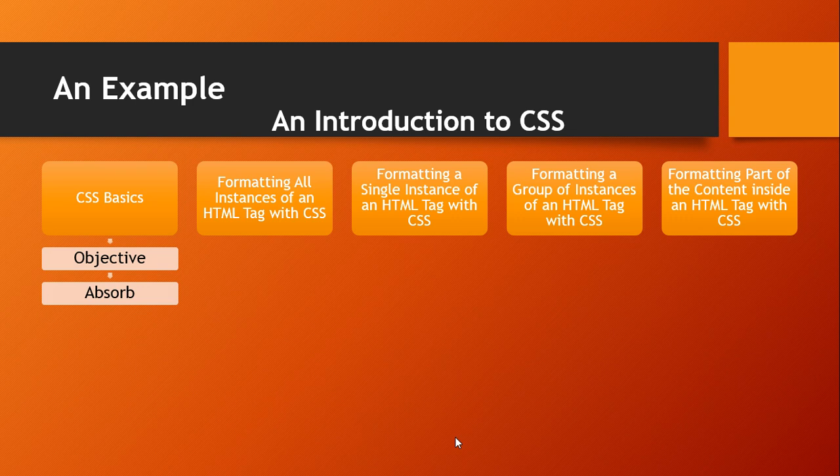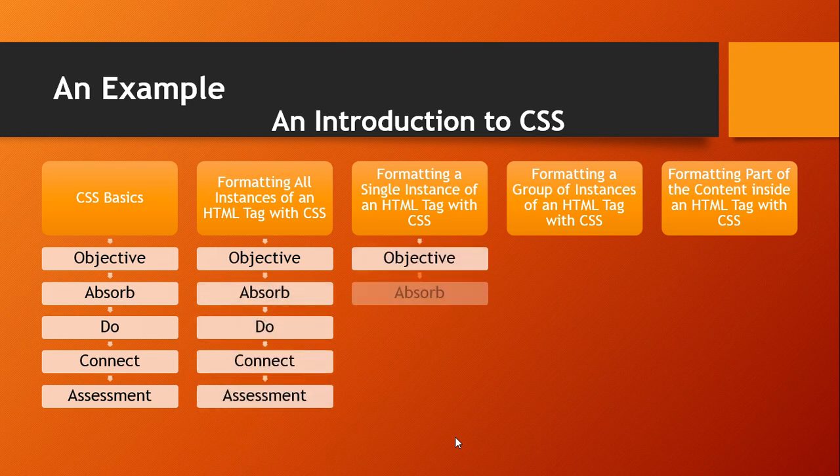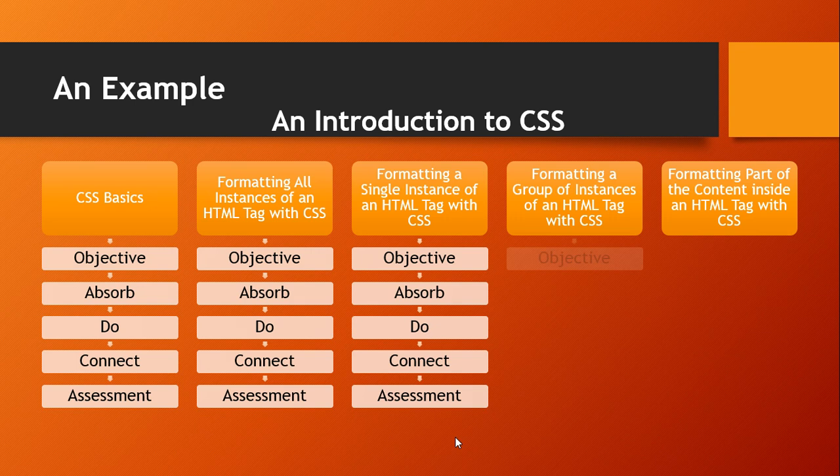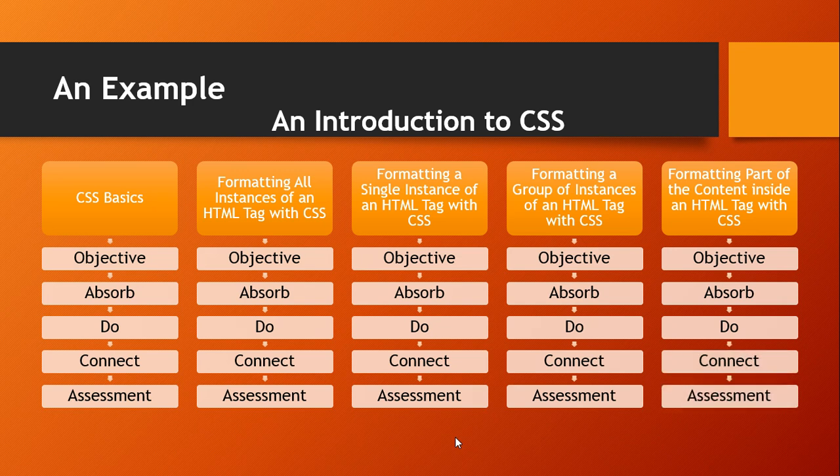I'm going to design learning activities, which according to the textbook consist of absorb, do, and connect types of activities. I have to have a means of assessment for each objective. So if I do the same thing for each lesson, then when I'm developing the different kinds of components for my lesson, I will make sure that I have all the components that I need and there's no holes in my design.